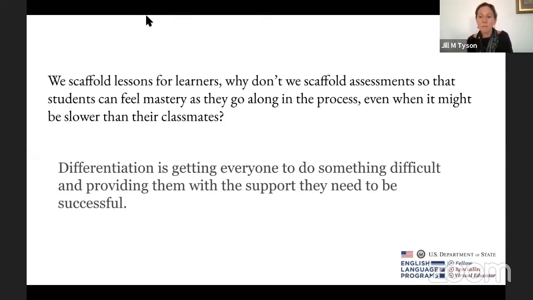Because remember, I said one of the things that we really want our assessments to be is fair, and motivational. And so our students can feel motivated if the exams and the pieces of knowledge that they need to take might be a little bit slower than their classmates, but if they can feel a little bit of mastery, then it's great.